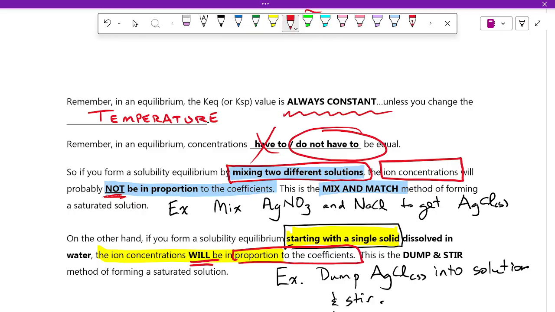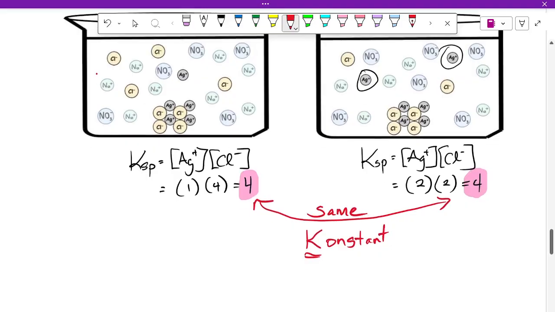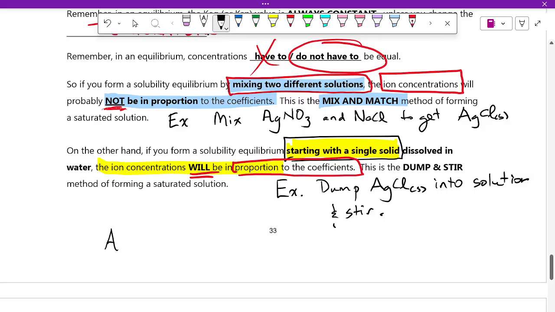Say one more time what the second one was. Yeah. So that depends on which method you've done. Okay? If you've done a dump and stir, oh, I see. It also depends on the filter. Yeah.